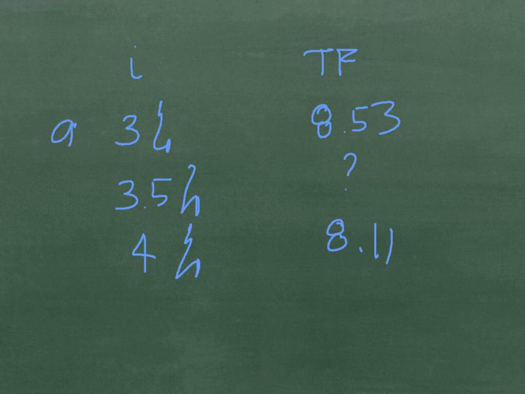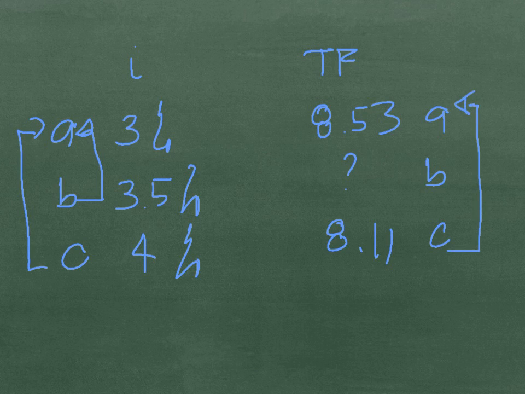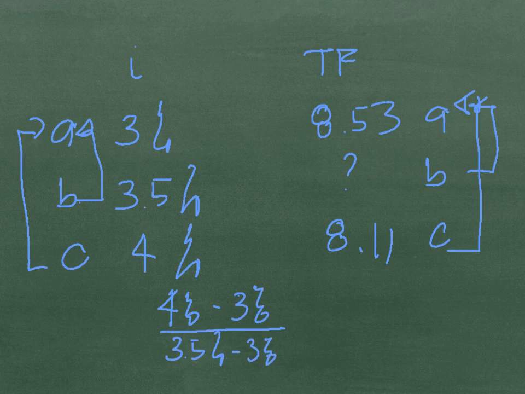Let's say this is A, B, C. C minus A over B minus A should also be the same as, if this is also A, B, C, on this side of the equation, C minus A over B minus A. So if we set up the equation, that is 4% minus 3% over 3.5% minus 3% should be equal to, on this side of the equation, 8.11 minus 8.53.